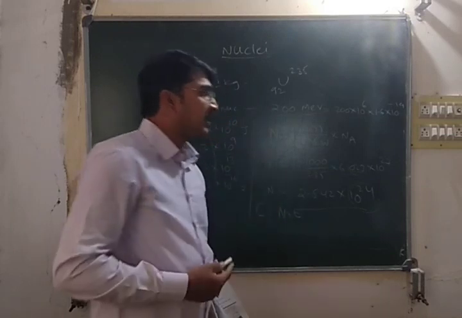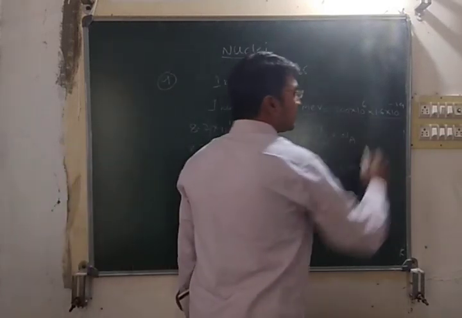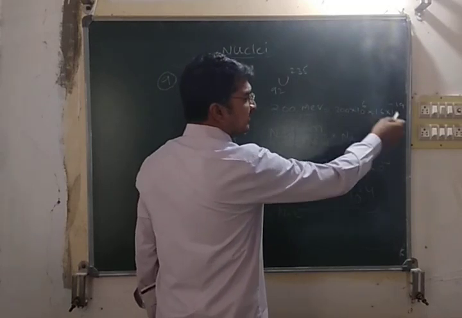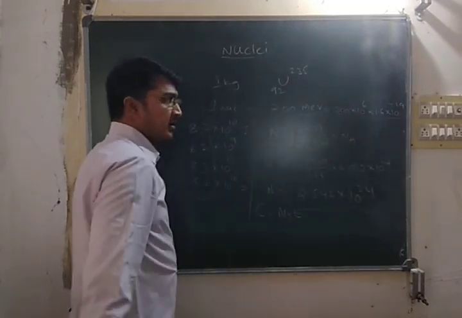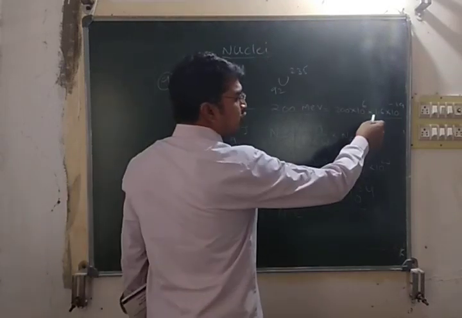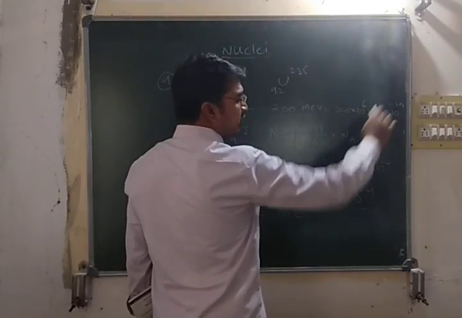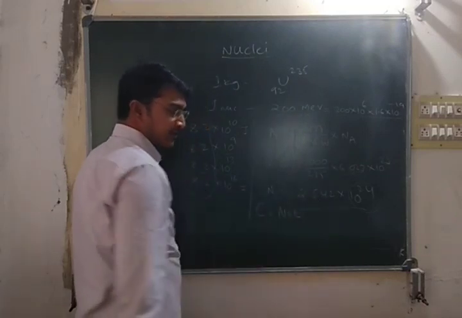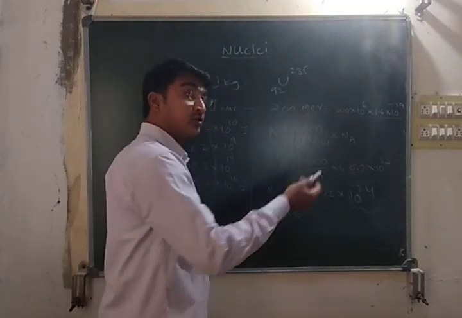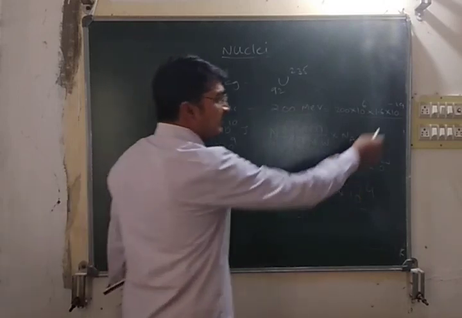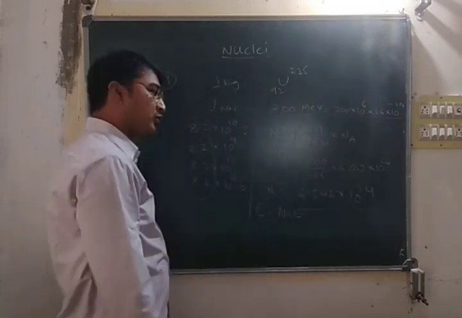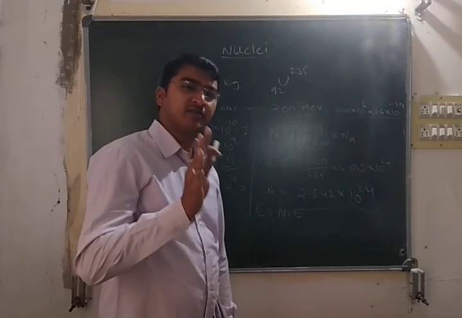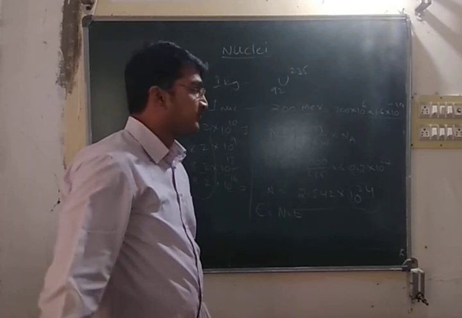Calculation-based questions will take time. See here, 2 into 1.6 is 3.2, so 2, 8, and minus 11 will come. That means 3.2 into 10 to the power of minus 7. Now 3.2 into 2 times is 6, near to 8. 10 to the power of minus 7, 10 to the power of 24, 30 will come. Easy. It is only multiplication; if you have proper multiplication, that's easy.